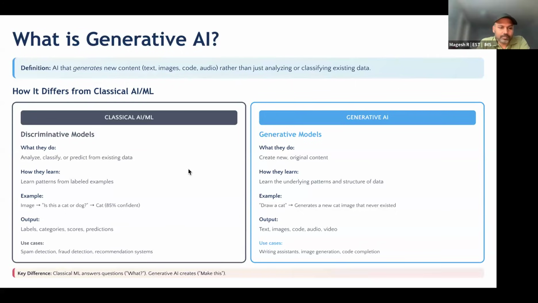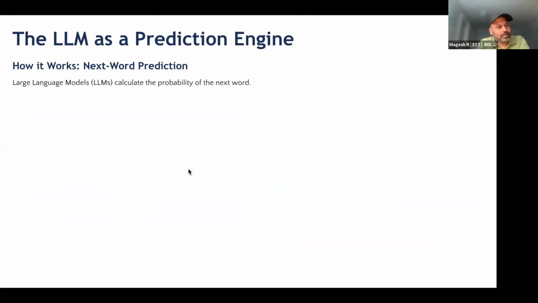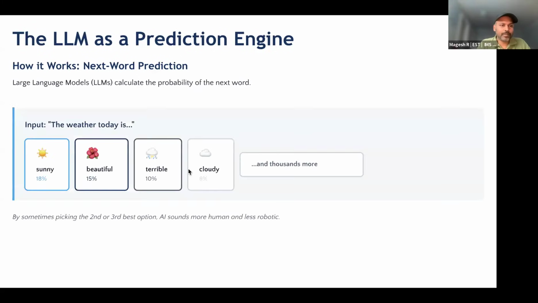Classic ML's primary use cases were addressing a specific question, but generative AI is like creating content. In my point of view, the most simplistic way to understand an LLM, which is one specialization of a foundation model, and in general any foundation model, is that it is a very sophisticated next word or next output predictor.